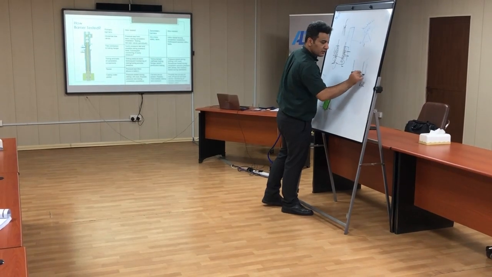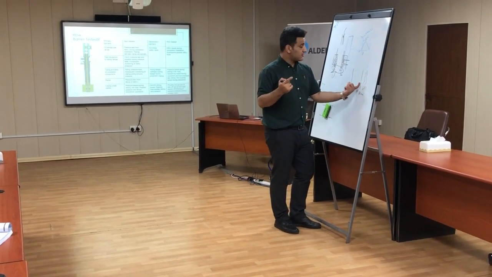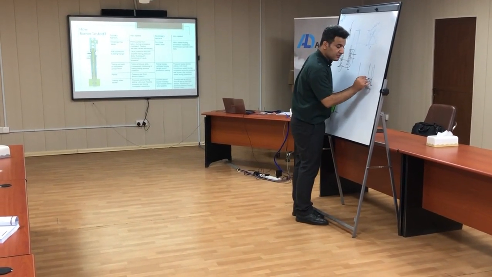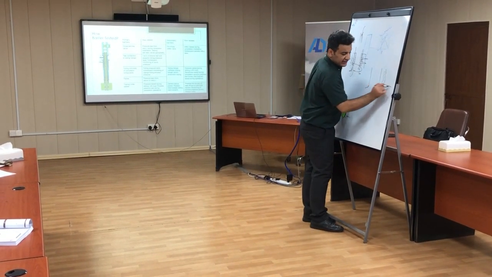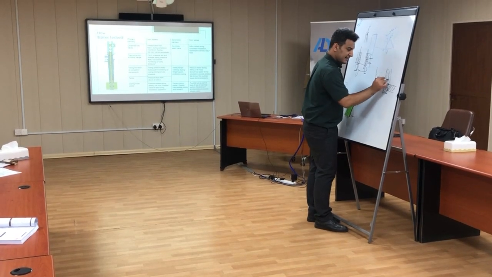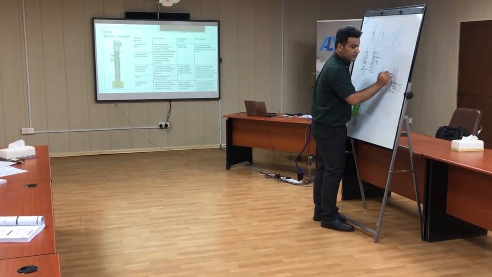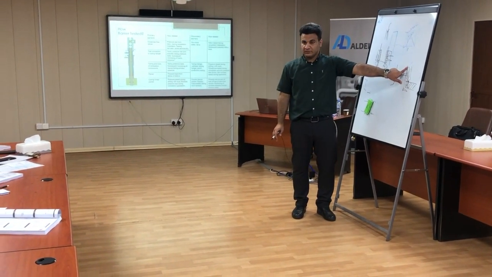One of the problems that causes the casing problem is channeling of the water behind the casing. Water channels from some of the formation, touches the casing, and creates corrosion and damages the casing. Okay?